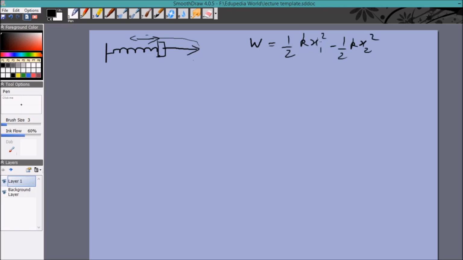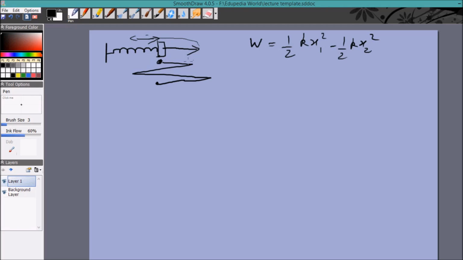Now we see that this is the initial extension, this is the final extension. It doesn't matter what the extension was between them. In other words, if initially x1 was 0 and finally x2 was 0, then the work done will be 0. So I could take an object from its natural length, extend it, then compress it, then extend it a little bit more, compress it, and finally allow it to come to its natural length. The net work done by the spring will be 0.